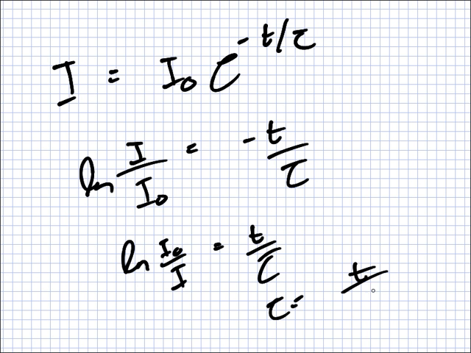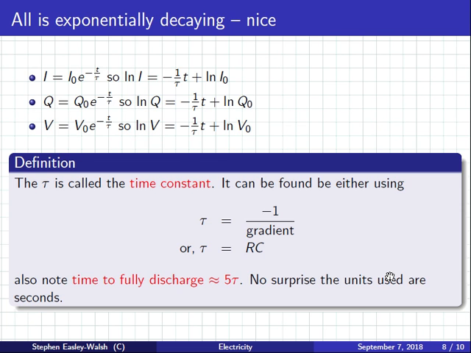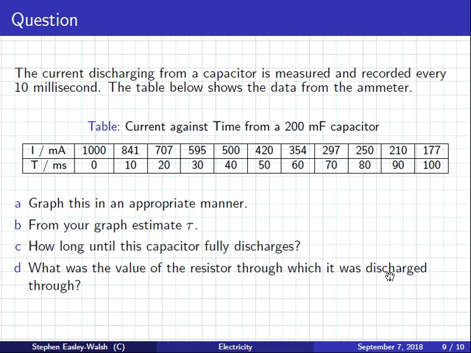Tau equals t over log I. I don't know why it's equal to RC actually. I'll have to check. I'll check it later. But that's the formula, tau equals RC.